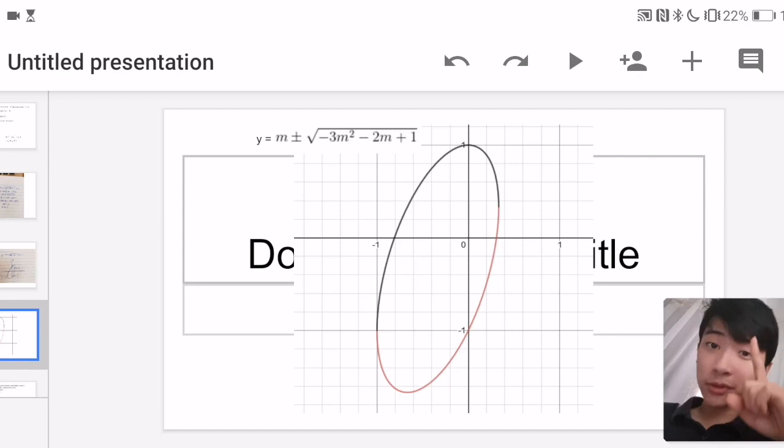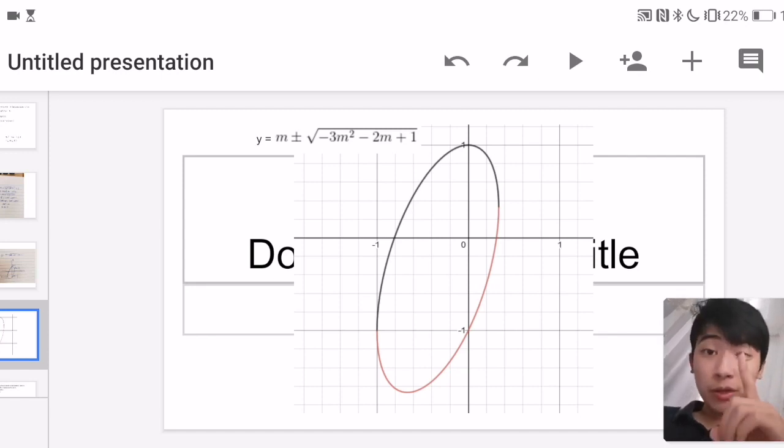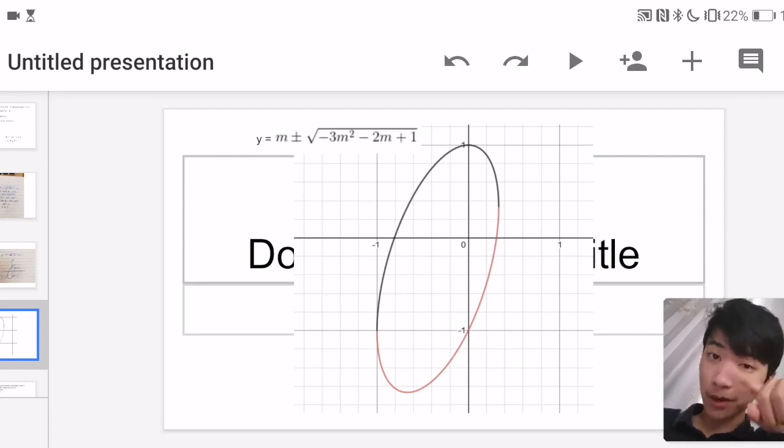What's inside of the square root is 0, so there's only one solution, and that solution is indeed between 1 and -1, right? When m is smaller than 1/3 but greater or equal to 0, there are two solutions, right? One of them at the top, the black part, for the positive square root, and another one for the negative square root, and both of them are still in the closed interval of 1 and -1.